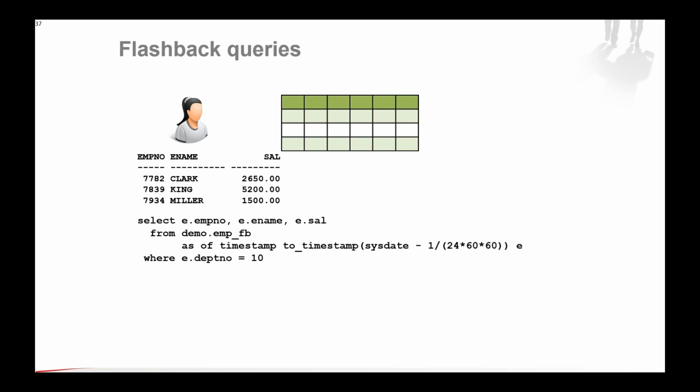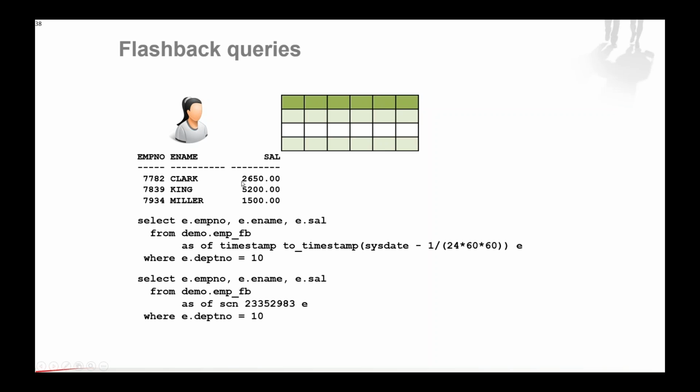I can do that by selecting the columns from my table as of timestamp, and then the timestamp I'm interested in. In this case, I'm using timestamp today 1 minute ago, and then I'll see the data as it was a minute ago. See the 2650 over here. Yep, got it.